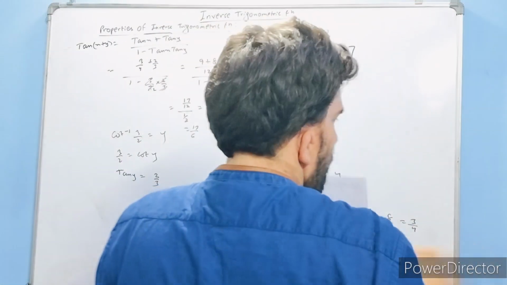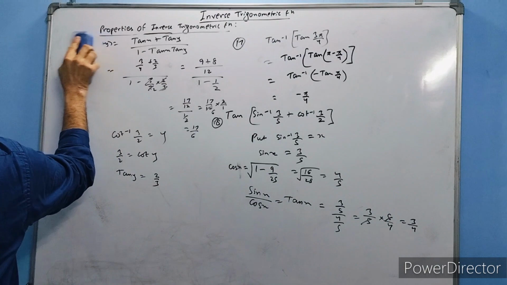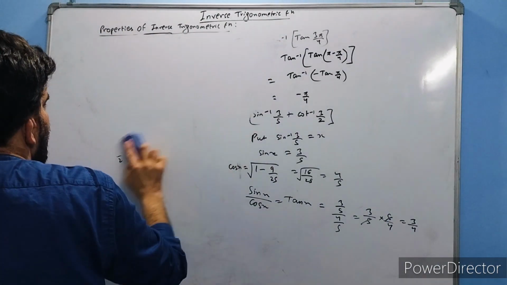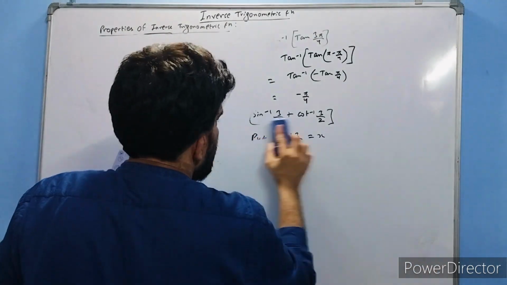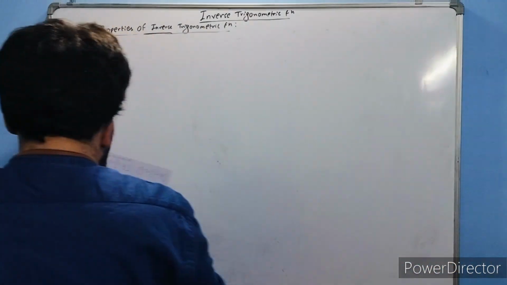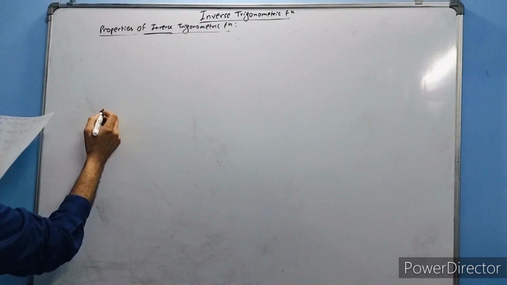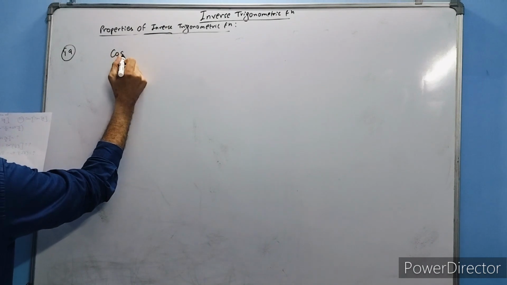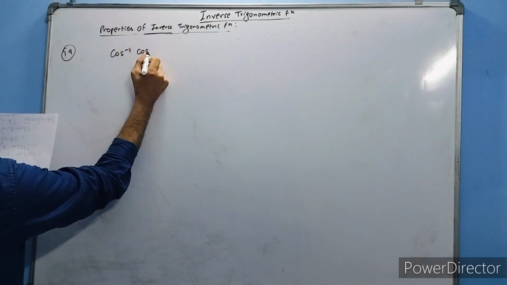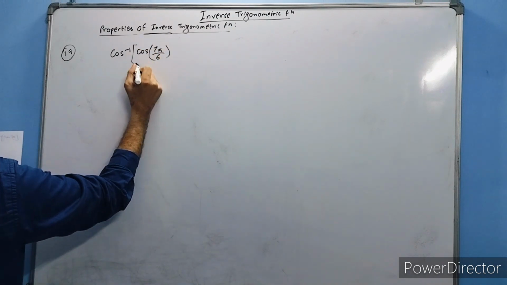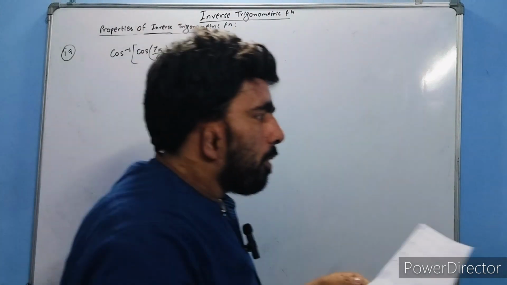They have asked to find the value of cos inverse cos 7 pi upon 6.